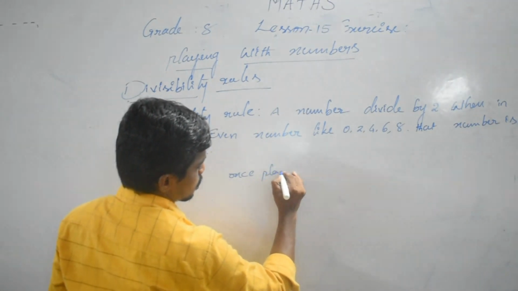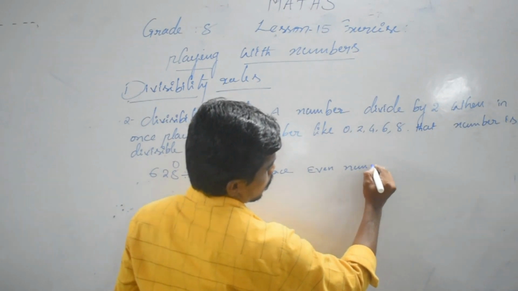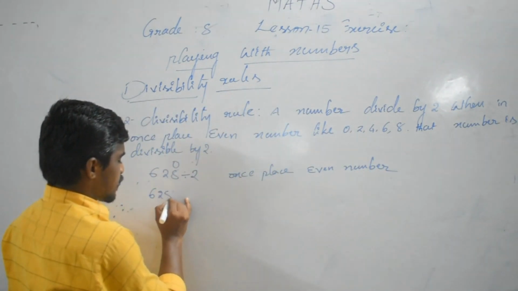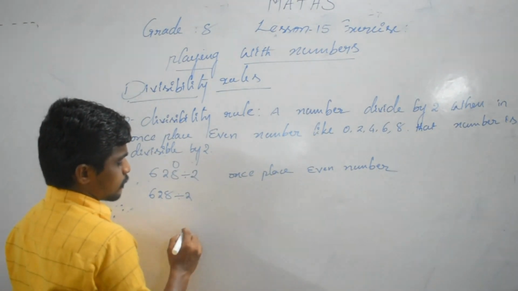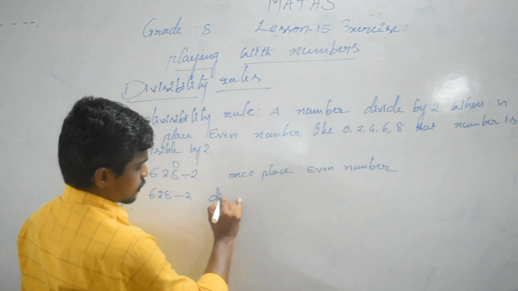Here the one's place is 8, an even number. So 628 is divisible by 2.